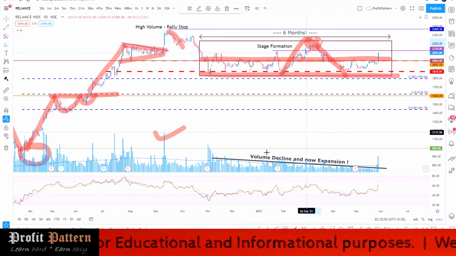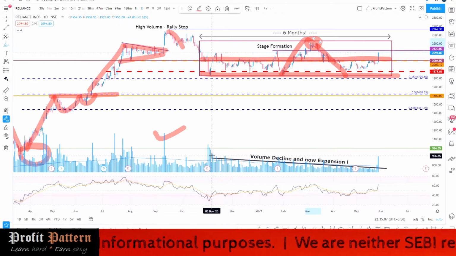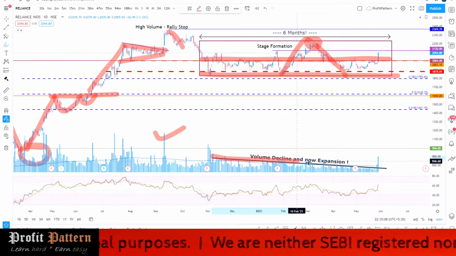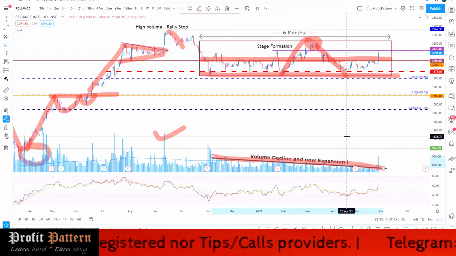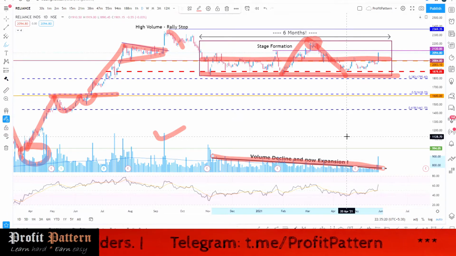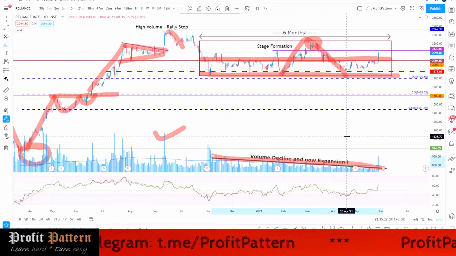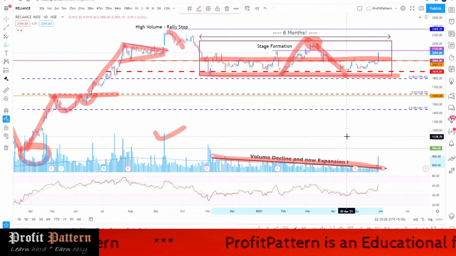And if you evaluate the volumes, you can see that in the last 6 months volume has been decreasing. That's the crazy thing. You never find this kind of thing, at least in blue chip companies, where continuously for 6 months the volume is going down.